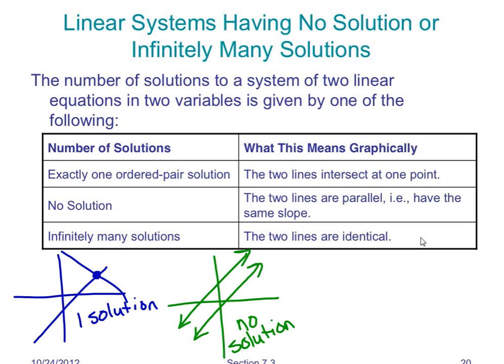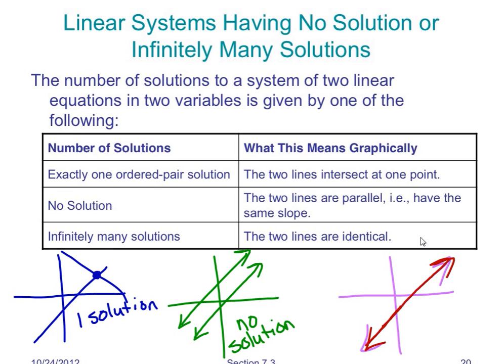The third possibility, I've got this line here, and I have this line which goes directly over top of the first one. Again, what we're looking for is where 2 lines cross.